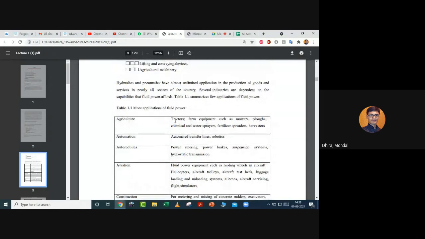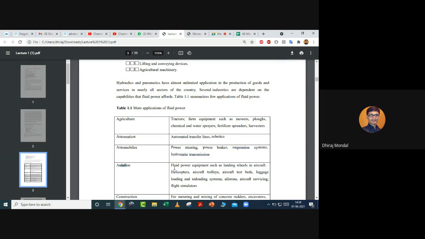So in agriculture, you will see lots of applications. In automation: automated transfer line, robotics. In automobiles: power steering, power brakes, suspension system, hydrostatic transmission.